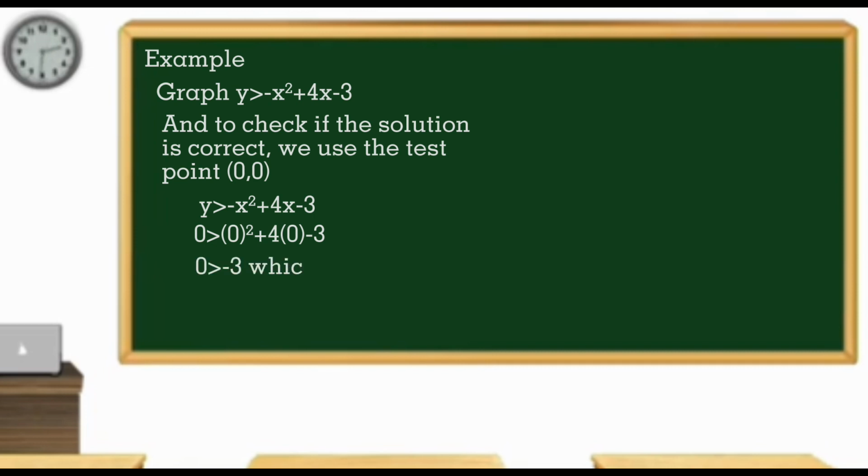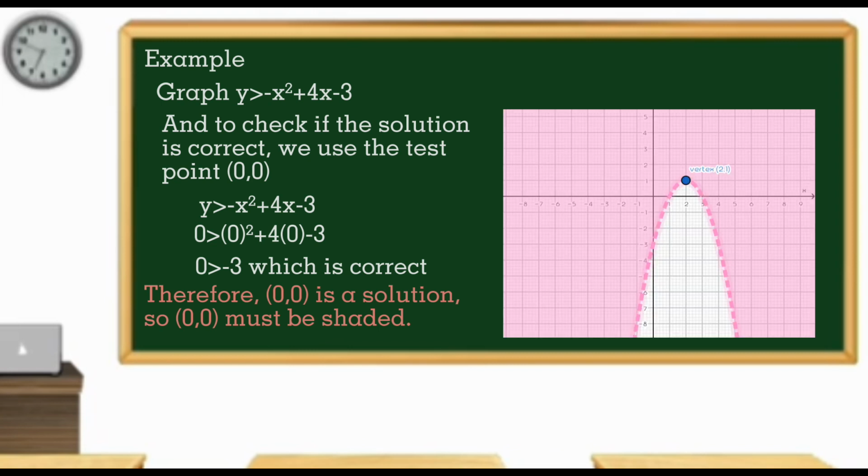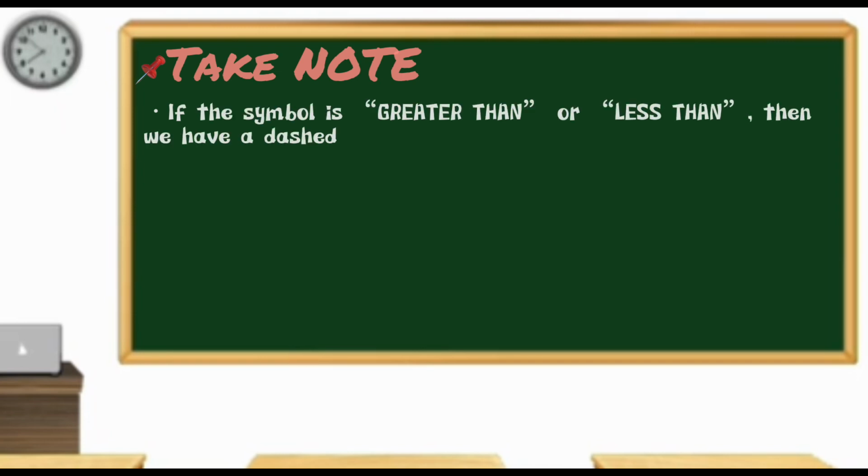And we obtain 0 is greater than negative 3, which is correct. Therefore, 0, 0 is a solution. So, 0, 0 must be shaded. Shade outside the parabola.